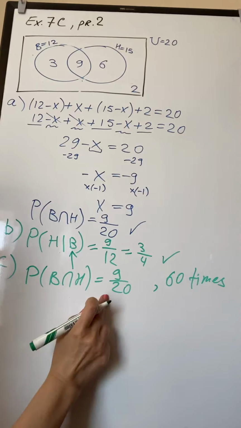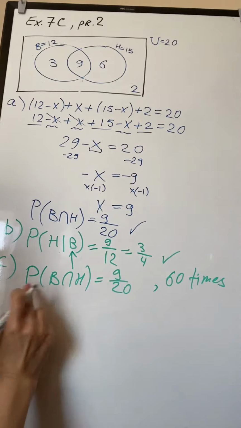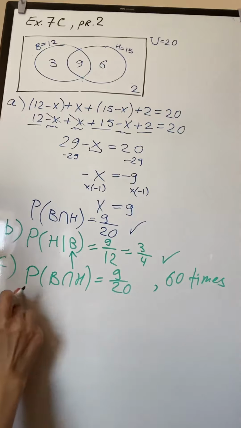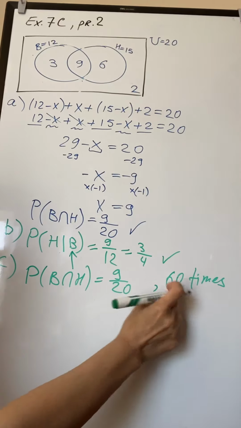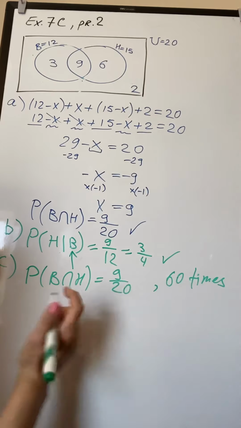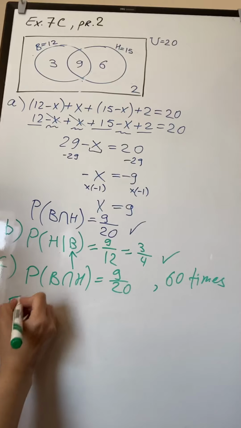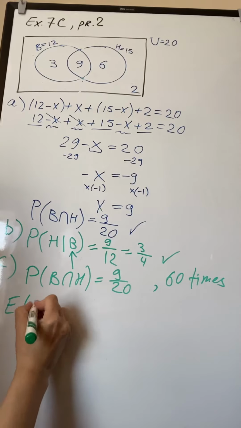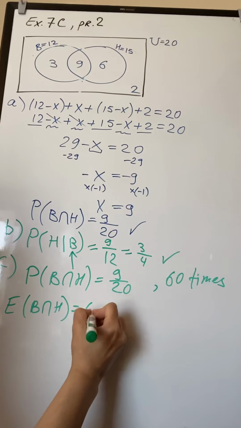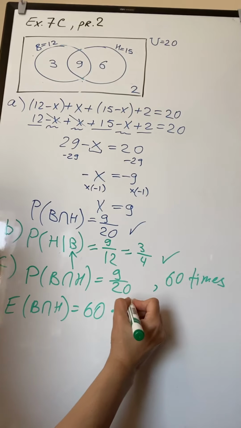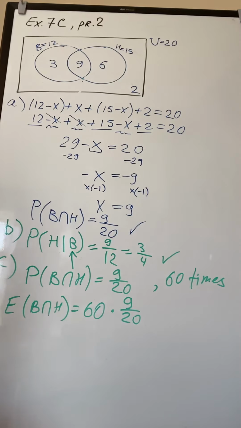For one event is 9 in 20, 9 over 20. But what if I repeat this exact experiment 60 times? Well, what I need to do is to multiply that by 60, right? So the expected number of students studying biology and history must be 60 times the one-time probability, right?